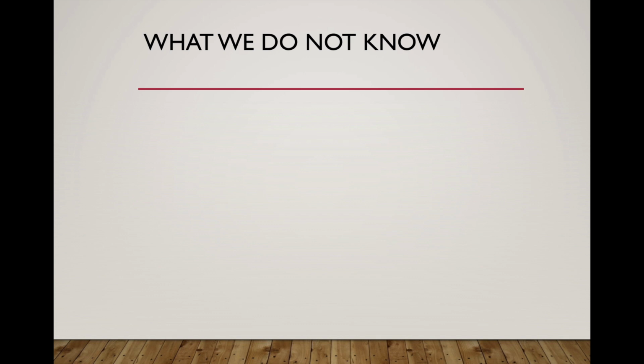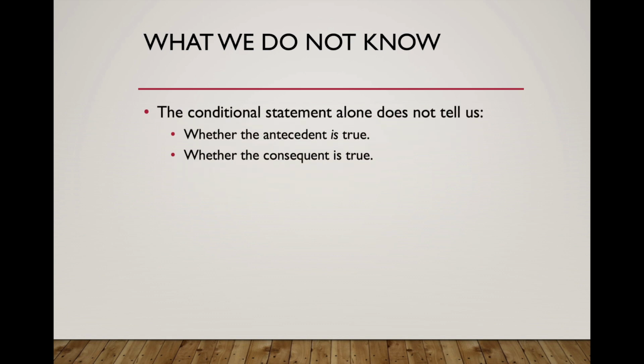So we also have to be careful that we don't overinterpret or overanalyze or read too much into a conditional statement, because with each conditional statement, there are things that we do not know, right? The conditional statement alone does not tell us whether the antecedent is true.